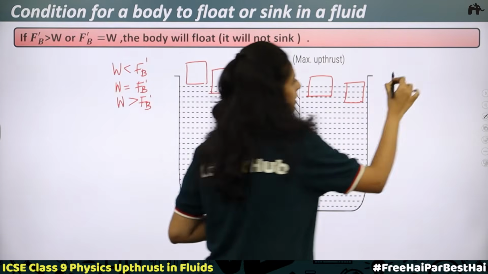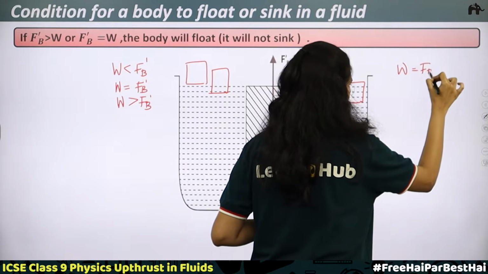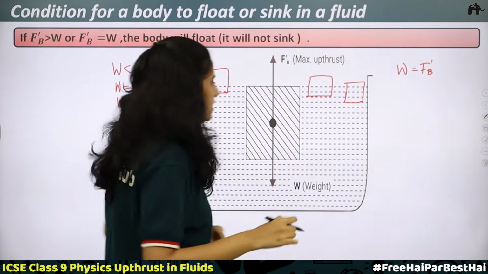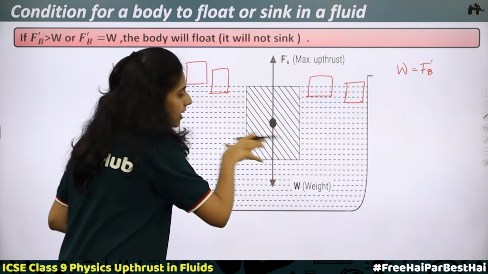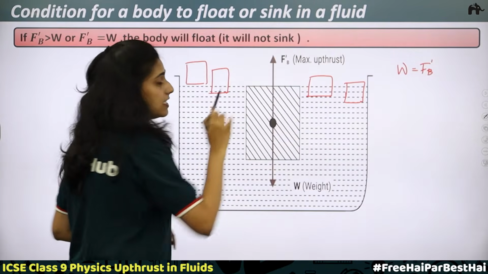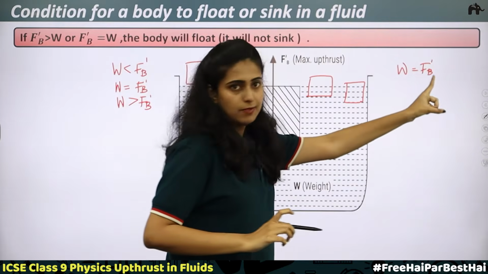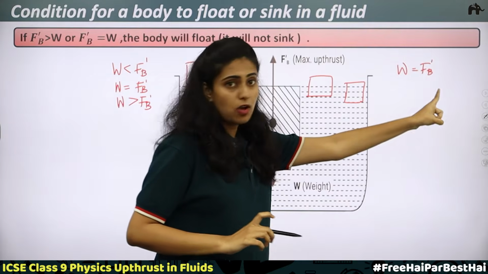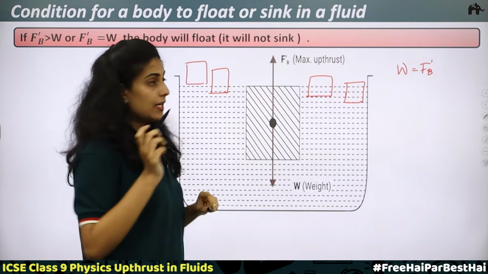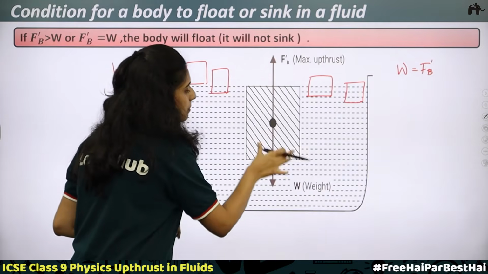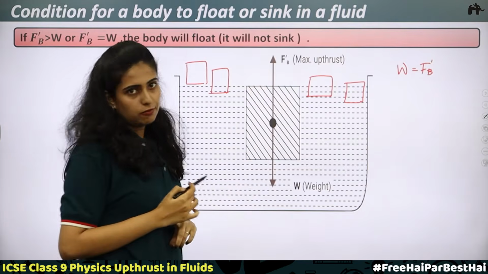So when weight of the object becomes equal to the buoyant force or upward thrust, the body gets completely immersed in the water and it is floating. So first case is when weight and Fb dash, the upthrust or the buoyant force, become equal, the body will float with whole of it immersed in water. In all these ways the body can float.